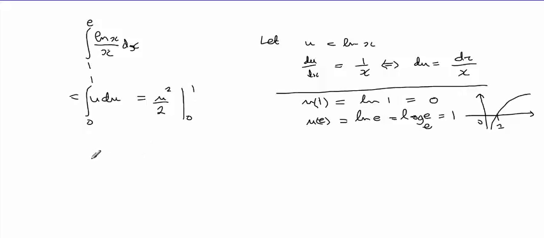And in this case, there's no need even to do backward substitution, because we've already changed the limits. So then we evaluate this as 1 squared over 2 minus 0 squared over 2, and our numerical value here will be 1 over 2. Then we will be done as far as definite integration is concerned.